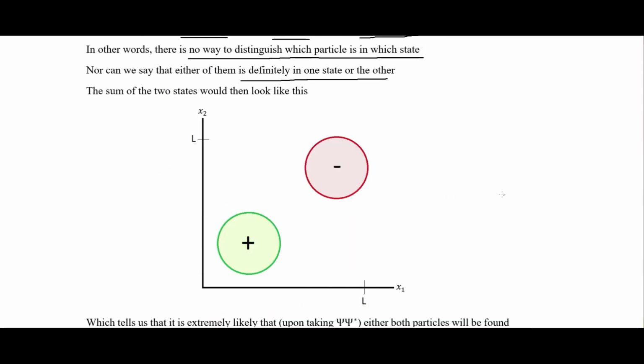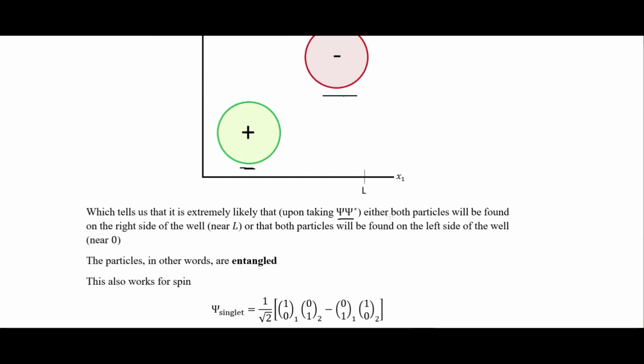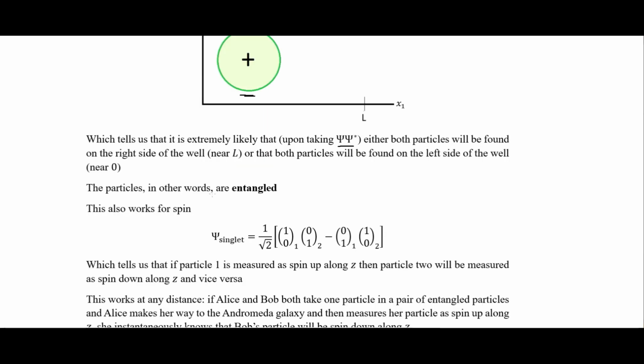And so we end up with a state space that looks like this, which tells us that it's extremely likely that upon taking the square, or multiplying by the complex conjugate, either both particles will be found on the right side of the well, so that would be right here, or that both particles will be found on the left side of the well, so near 0 right there. So the particles, in other words, are entangled.